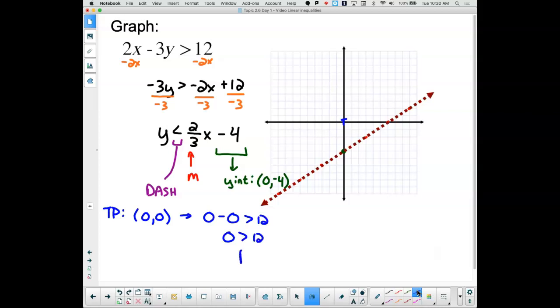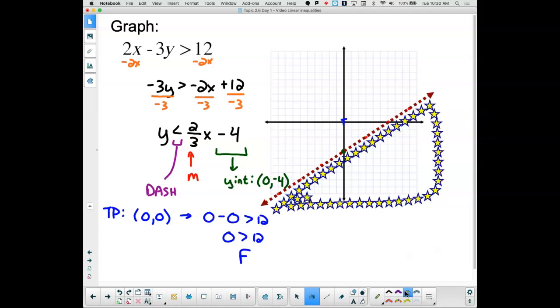And that is a false statement. So I am going to shade on the opposite side as my test point. Let's use stars this time. So this one would have this side shaded.